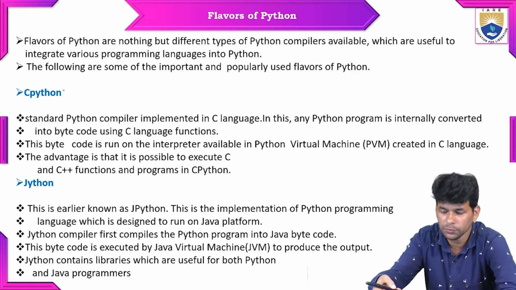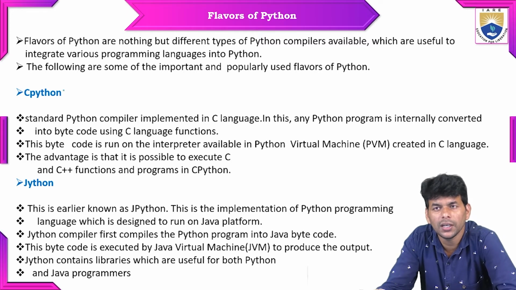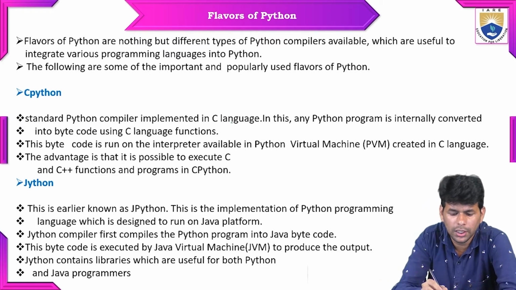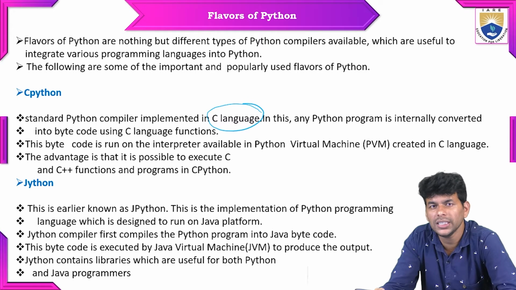Just as we discussed, Python can be integrated with different programming languages for execution of code and developing new software. Here it is developed using the C language. The first flavor of Python is CPython. The name itself says I am implemented using the C language.